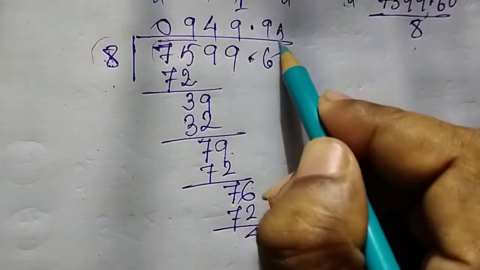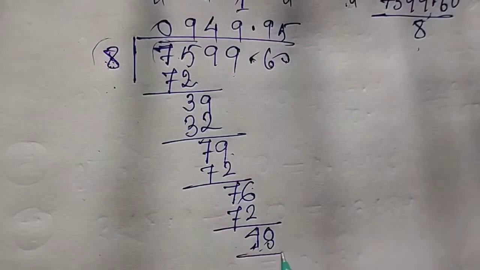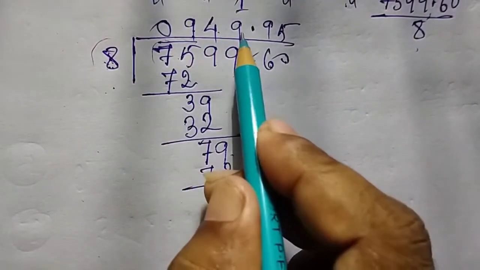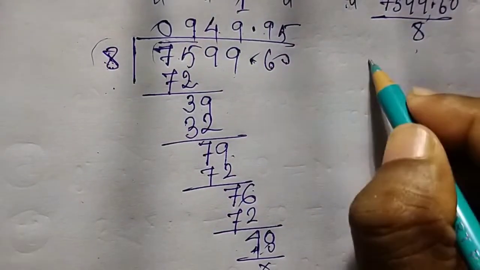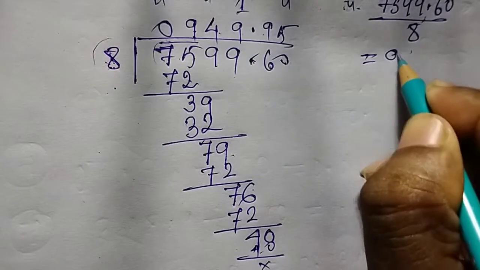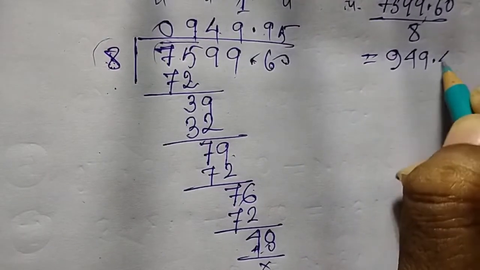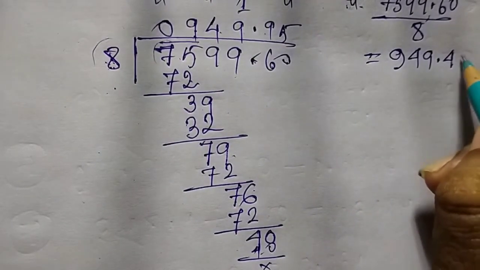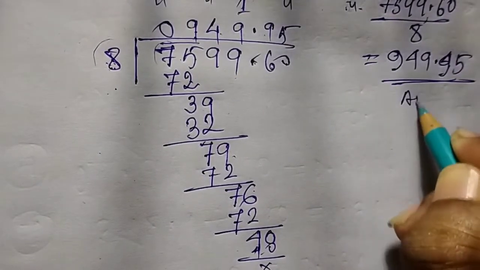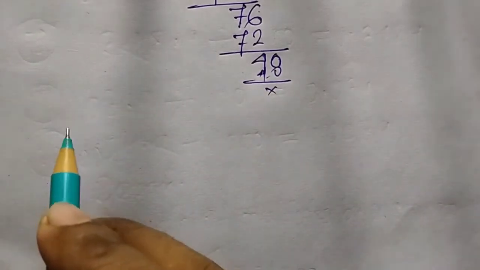So 8 5s are 40. So our answer is 949.95. So the cost of 1 heater is 949.95. This is our answer. Is it clear to everyone? In a similar way, try to solve another question.